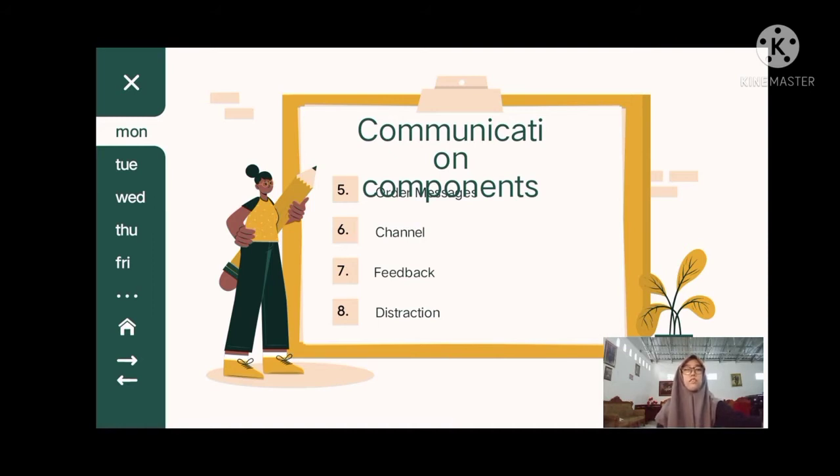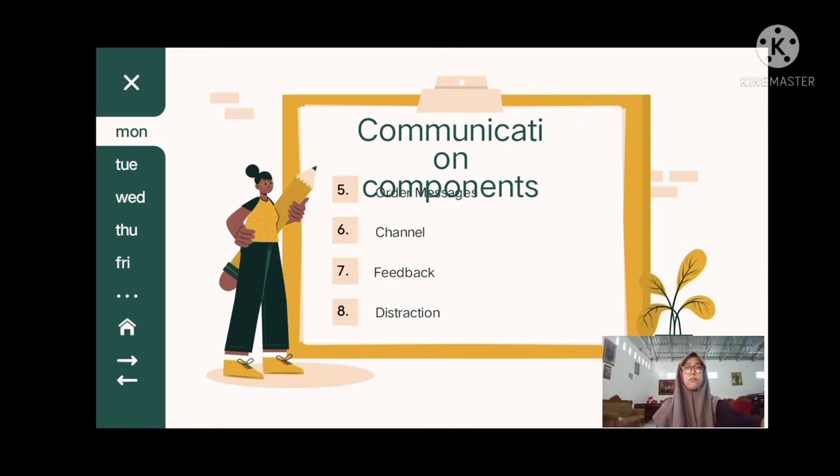This channel includes several, namely the vocal tract, visual tract or sign and smell, and the contact of channel, tactile channel. And the seven is feedback.